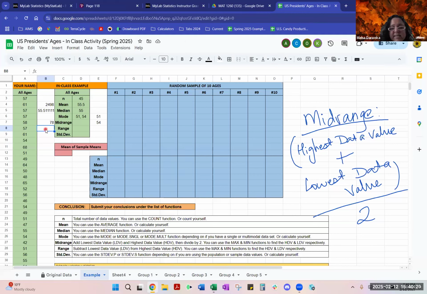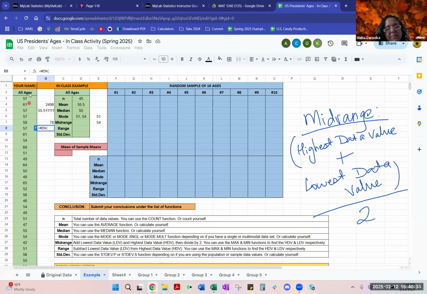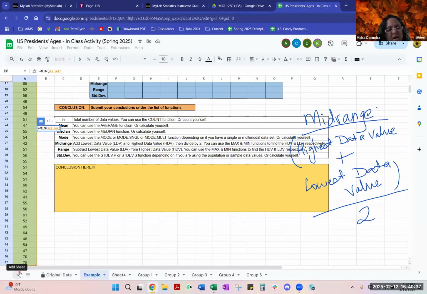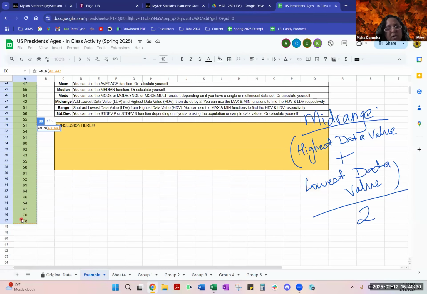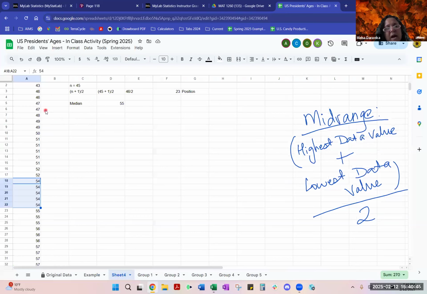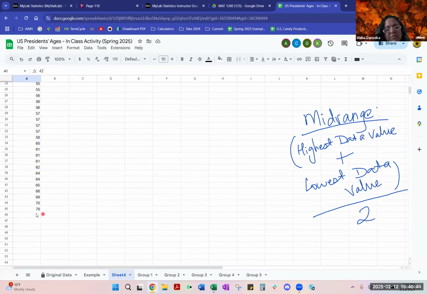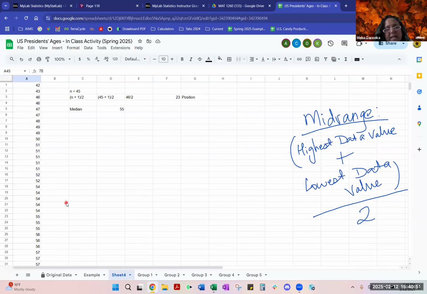The youngest age, we'll find using the minimum function. By using the minimum function, we get 42, which is what we saw when we set our table in ascending order. So you can see on sheet 4, our youngest age was 42 when we set that in order. And of course, like I said, the oldest was 78.